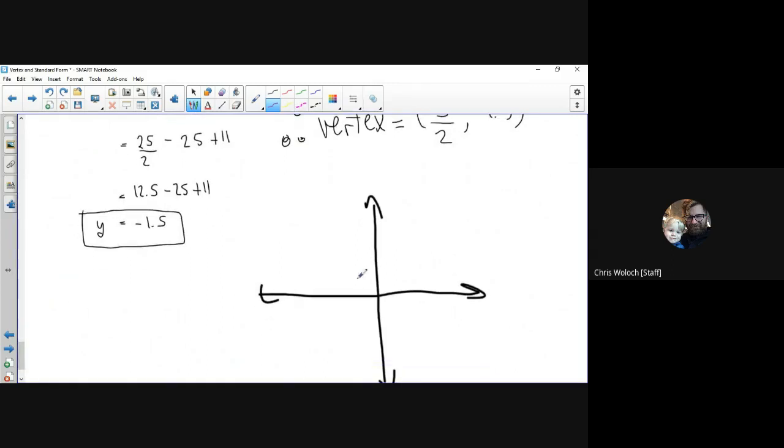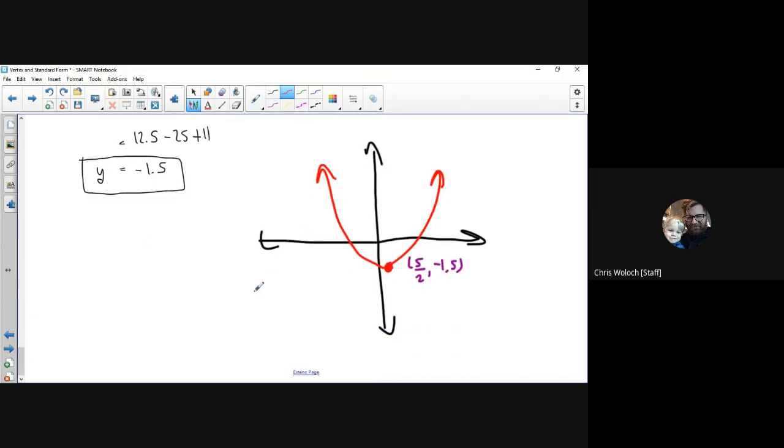So notice when I draw the sketch, I don't care about precision. I just want the general area of where this point is going to be. So it's going to be something like this, right? Here's my vertex, which is 5 over 2 and negative 1.5. Now we know this opens up, correct? Because we know we have two solutions. Okay, so here's just a general ugly drawing of this.